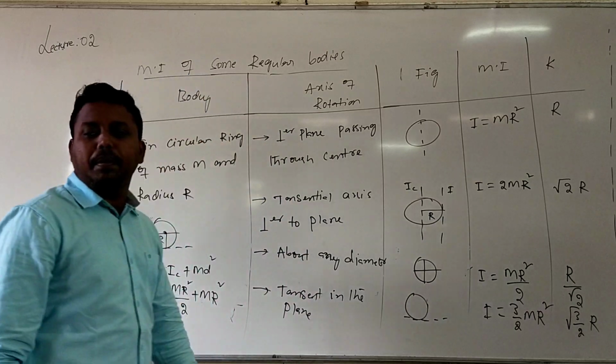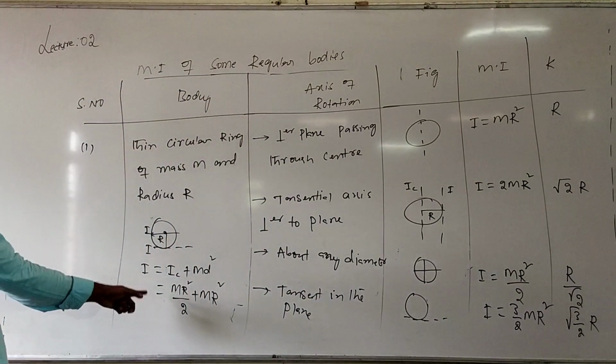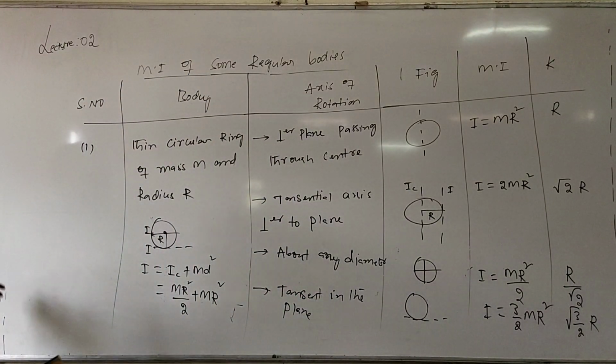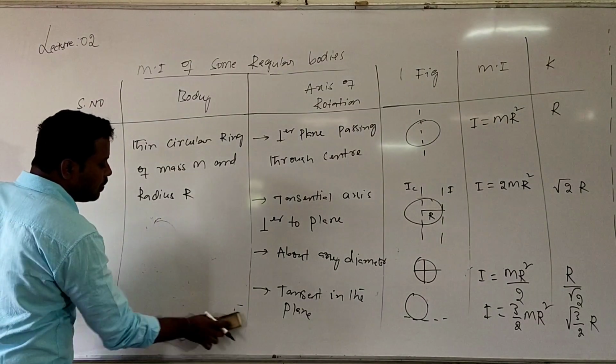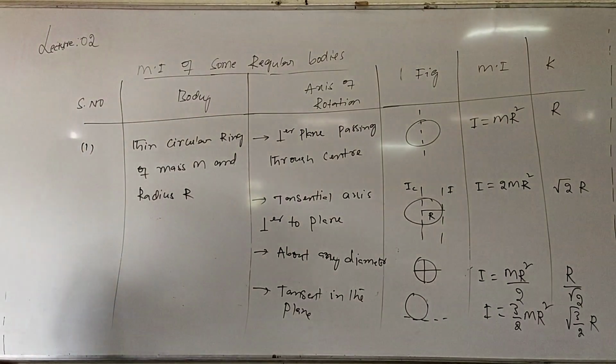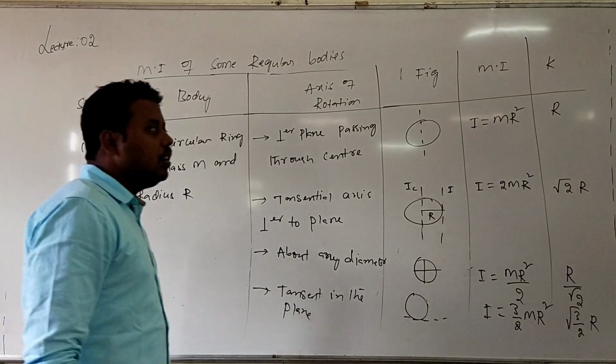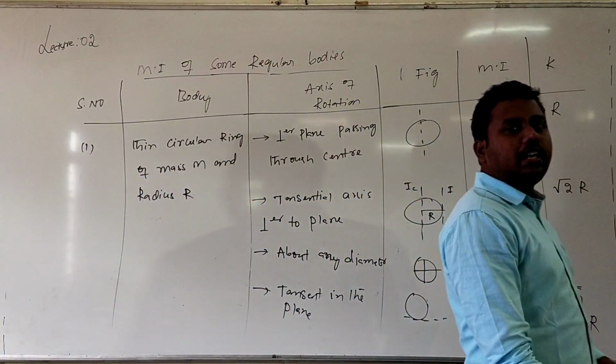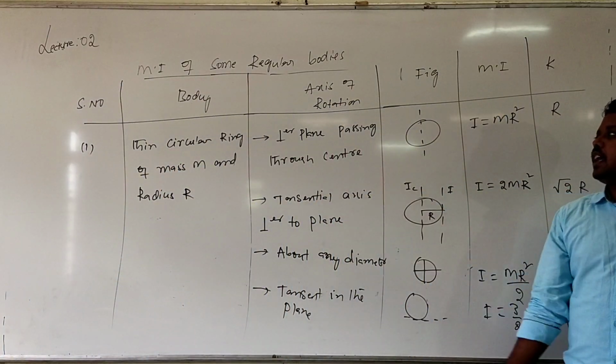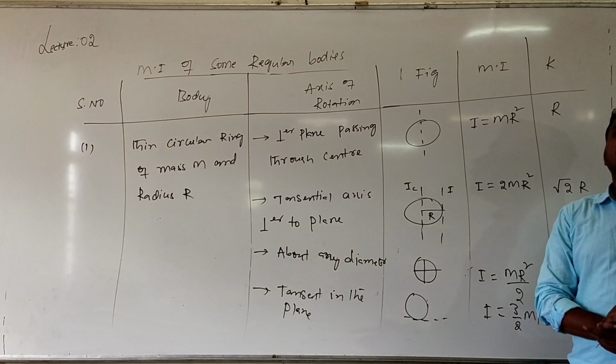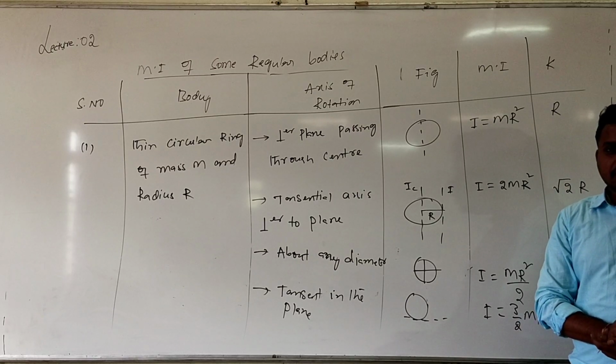Again, which theorem did I apply? I applied the parallel axis theorem twice and the perpendicular axis theorem once. So this gives the total moment of inertia of a circular ring about different axes of rotation.